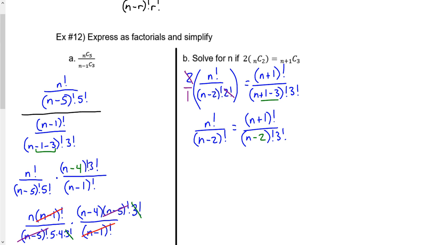Last but not least, let's do some fun stuff here. We can see that in our denominators here, we have an n subtract 2 factorial. So if we multiply both sides by n subtract 2 factorial, because whatever you do to one side, if you do to the other, it still maintains equality, it also means that they can be completely gone.